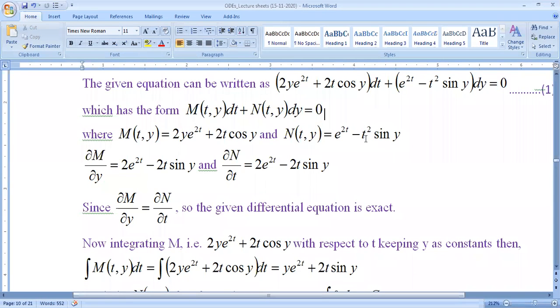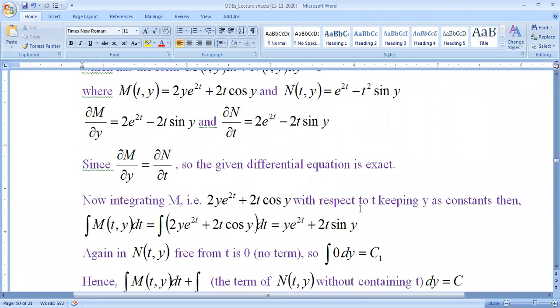Now the derivative of t squared is 2t, and sin y will be constant, since this is a partial derivative with respect to t. Since ∂M/∂y equals ∂N/∂t, these two partial derivatives are the same, so according to the exactness theorem the given differential equation is exact.